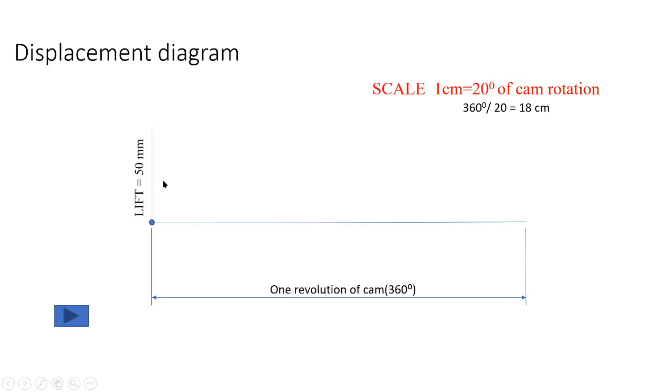Now draw a 50 millimeter line on the y-axis. It represents the lift or stroke of the follower. Complete the rectangle. Now mark the outstroke, dwell period, return stroke, and return stroke dwell period on the x-axis.